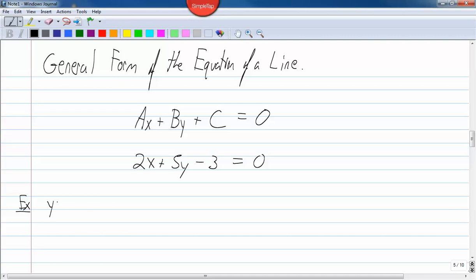It was y equals something like 2x minus 17. If I want to write this in general form, then all I have to do is move this one y over to the right side. So in general form, that would be 2x minus y minus 17 equals 0. We write the x term, the y term, the constant term equals 0.